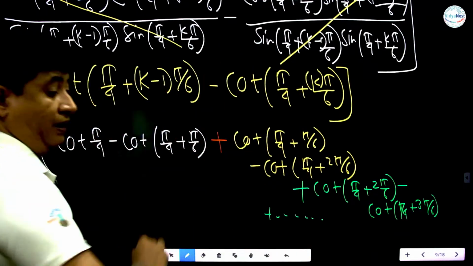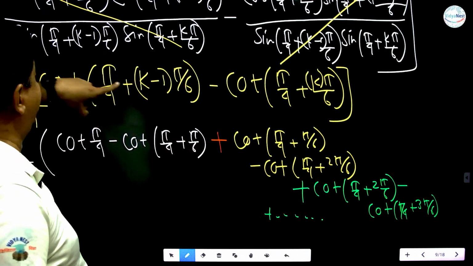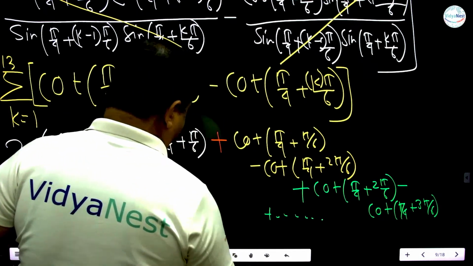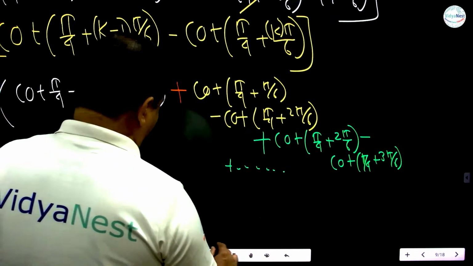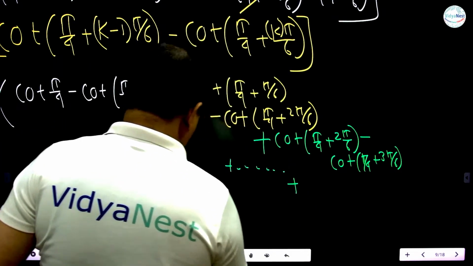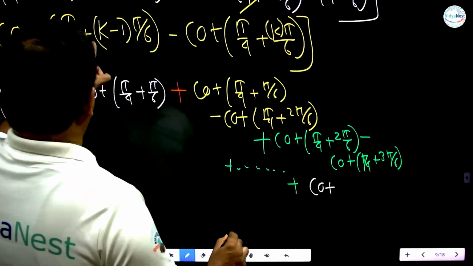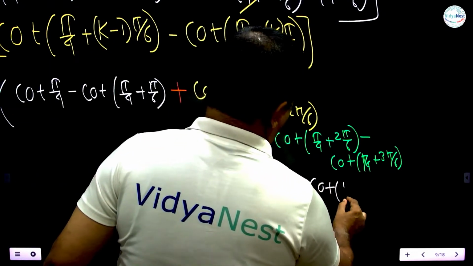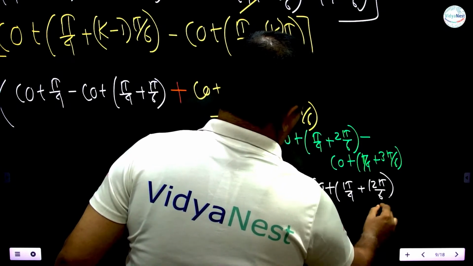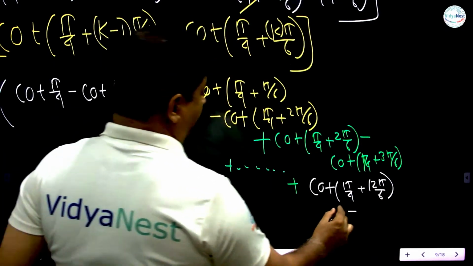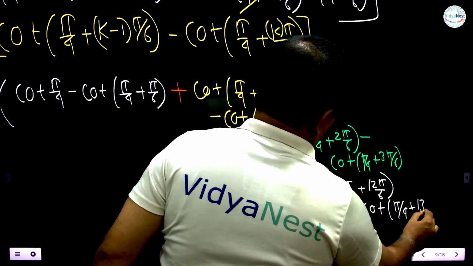Dot dot dot means the series goes on, and it will last at which point? 13. So put 13: cot (pi by 4 plus 12 pi by 6) minus cot (pi by 4 plus 13 pi by 6).